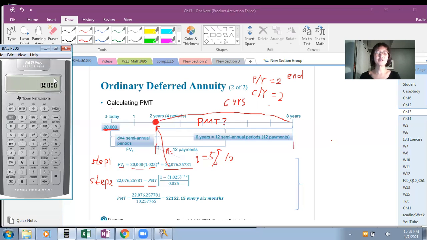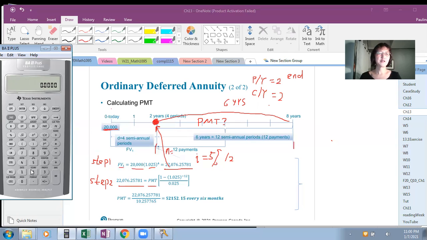You have nothing on the top right corner, means it is end mode. After it is end mode, you then set up PY is 2, CY is 2, second quit, and then you do step 1.